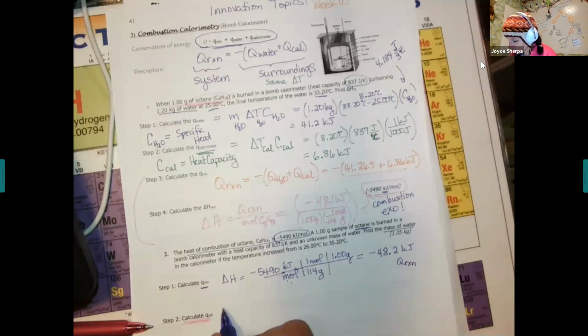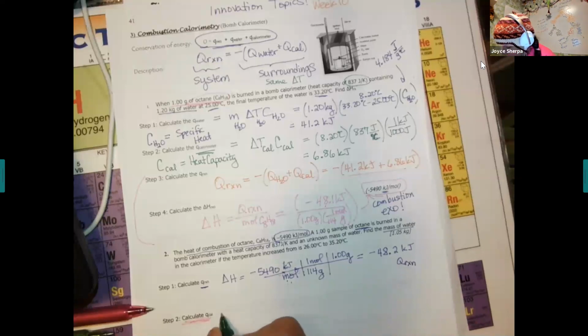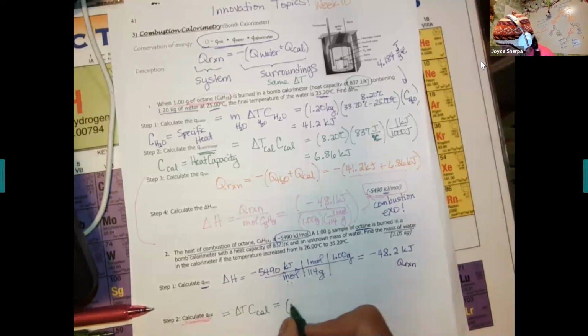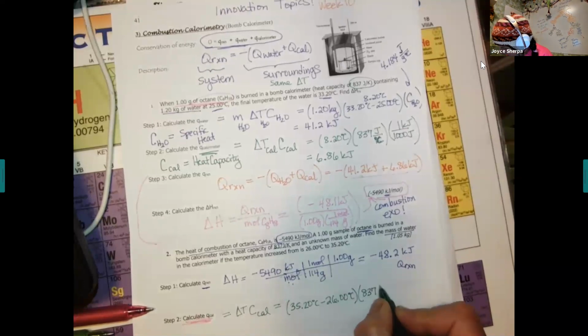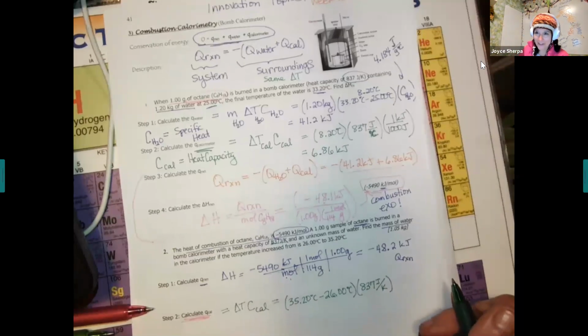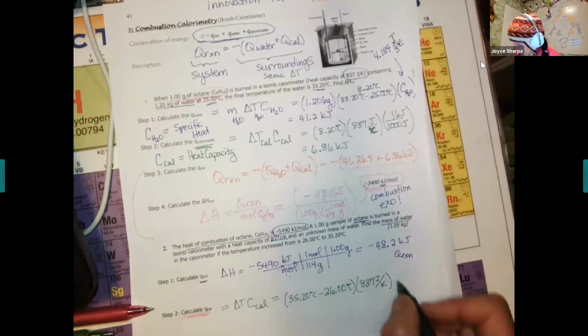All right, the Q of the calorimeter, our formula, is just change in temperature times C of the calorimeter. So our change in temperature is the 35.2 minus the 26. And then the heat capacity, oh, it's the same number. We're still using the same problem. I wonder if it's going to have the same mass of water. Nope, doesn't. All right, I'm going to change it to kilojoules.